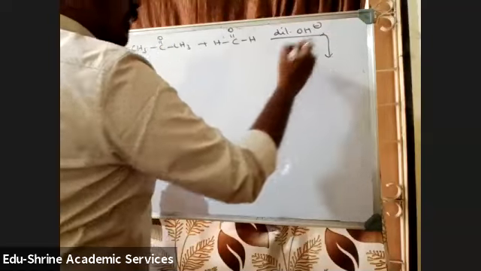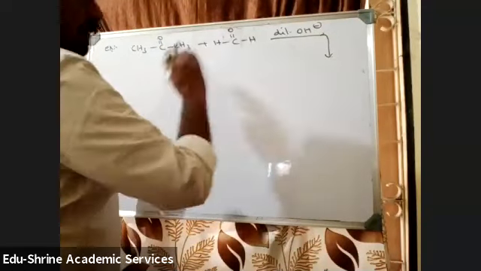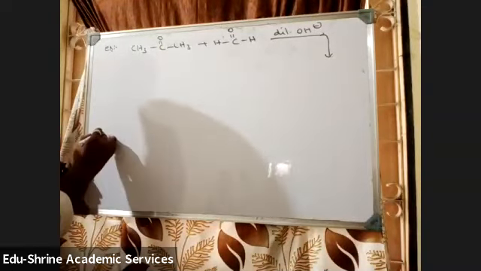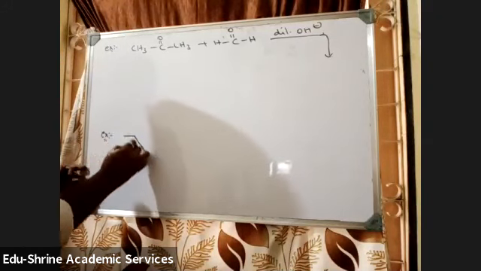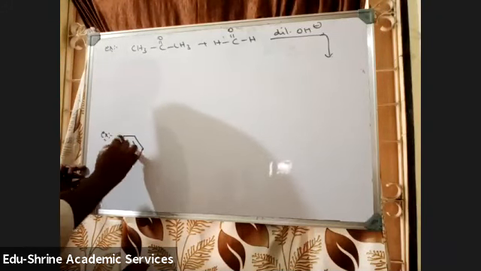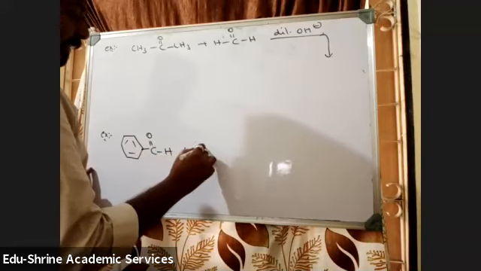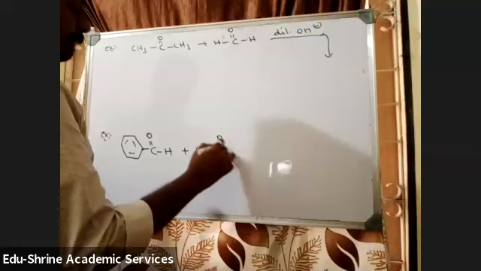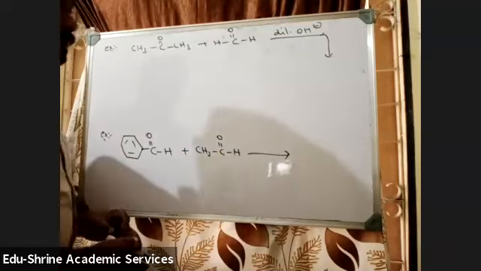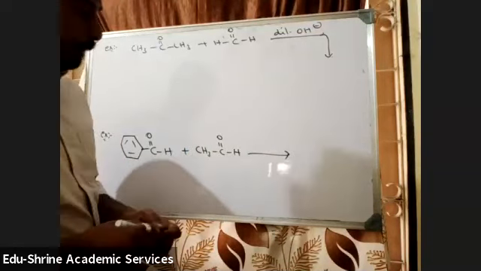So you'll be getting one product. In the same way, another example is, let me take benzaldehyde plus acetaldehyde. Write down the product, students. 2 minutes time I'll give.